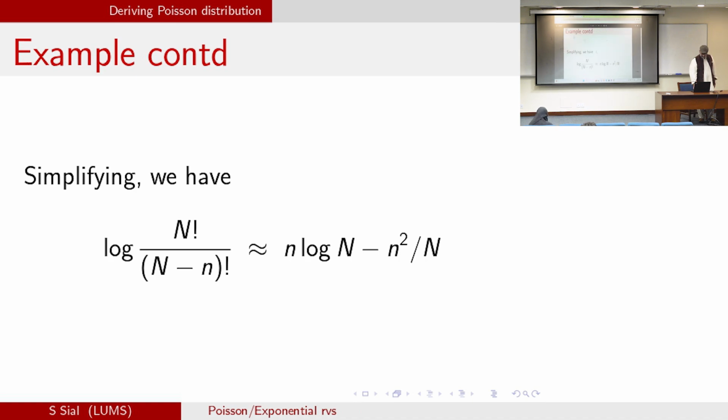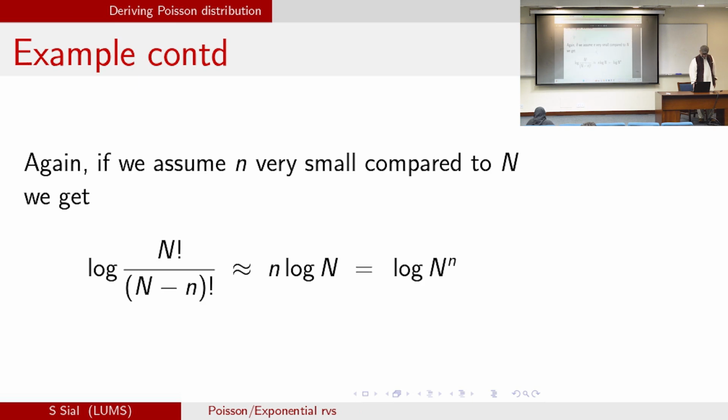And remember, small n over big N is very small. Probability of a success is very small. So we drop another term which we claim is small. And finally we get that the logarithm of the binomial coefficient is the logarithm of big N to the small n. Okay.